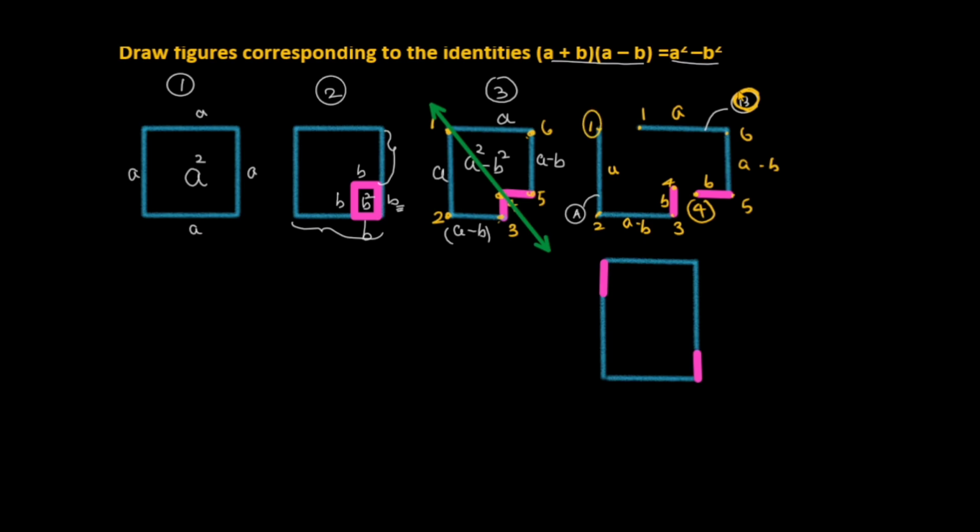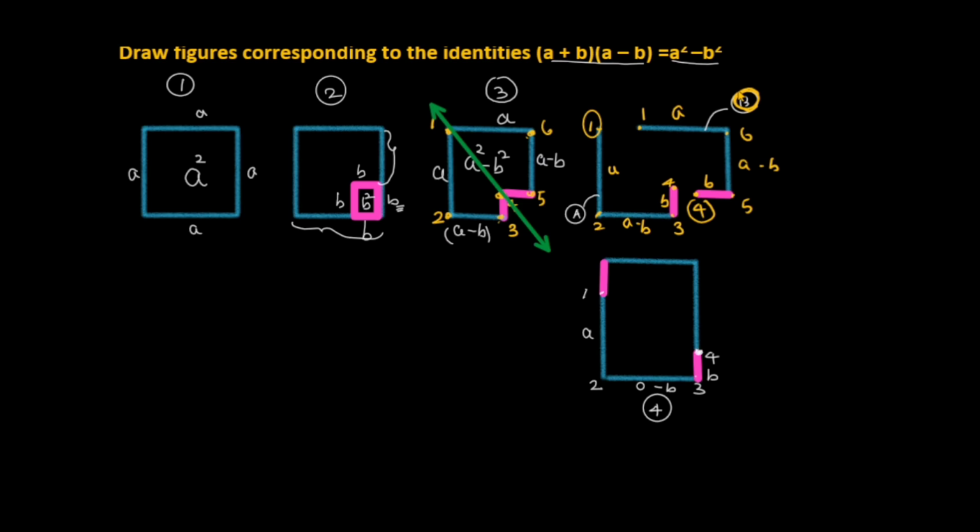So look at diagram 4. After rotating figure B and fixing it at the vertex, how are we fixing? This is vertex 1, this is vertex 2, the length of 1 to 2 is a, length of 2 to 3 is a minus b, length of 3 to 4 is b. Now the fourth vertex is fixed with the first vertex.